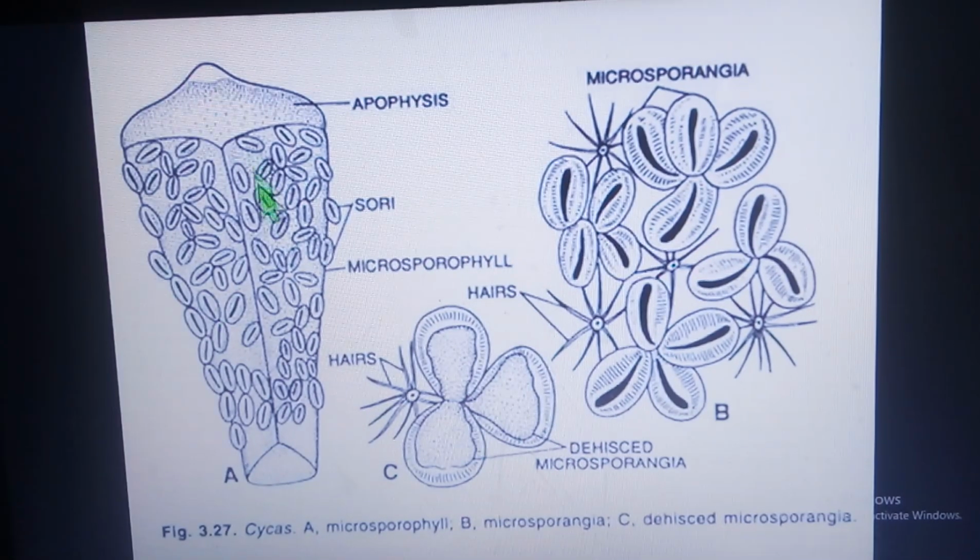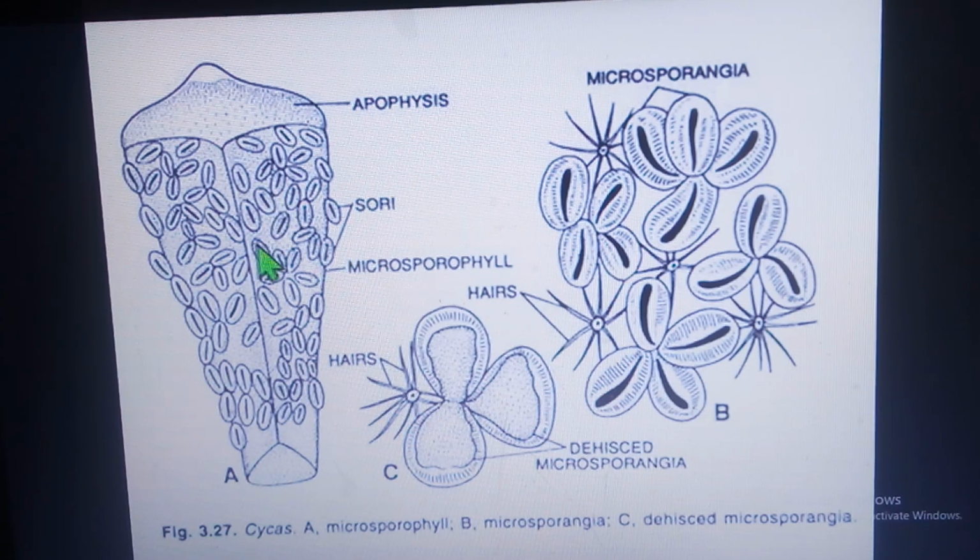Now we will take a look at this single microsporophyll and its lower surface, the abaxial part. If you take a look at the abaxial part, the basal narrow part is sterile, and this flat distal portion is fertile.